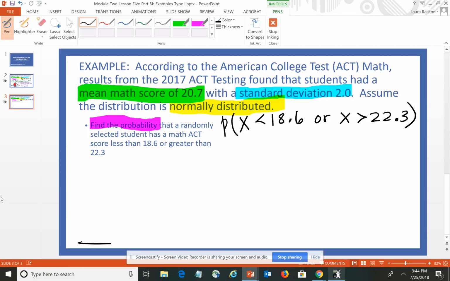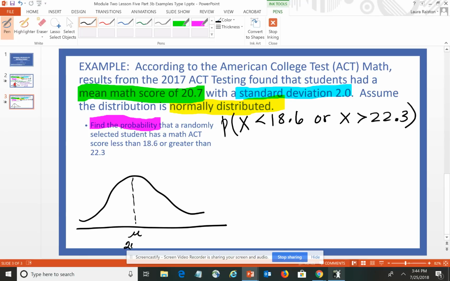So I draw my horizontal axis and my bell-shaped curve. My mean is in the middle, which is 20.7. I have a point of interest on the left, which is 18.6, and I also have one on the right, which is 22.3.